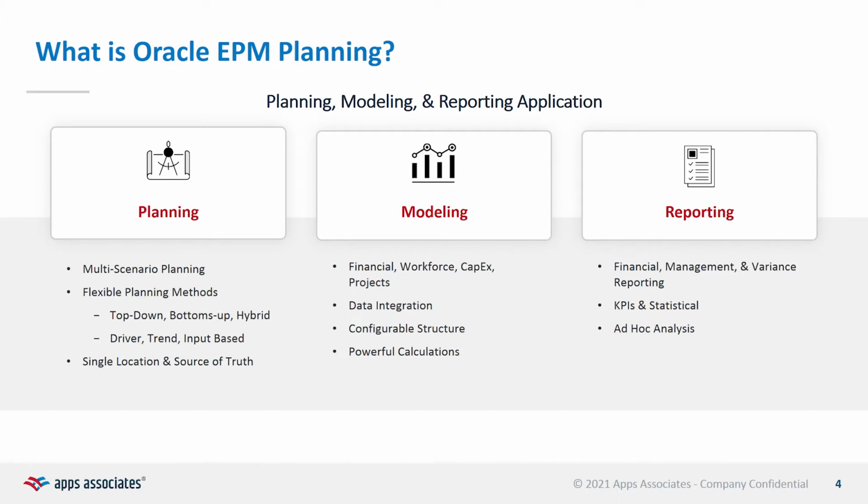So the models are financials, workforce, capital, and projects, with some other areas that allow you to model what-if scenarios and multiple scenario planning, such as budget, forecast, multiple passes, as well as being able to bring in your actuals for your budget variance analysis.